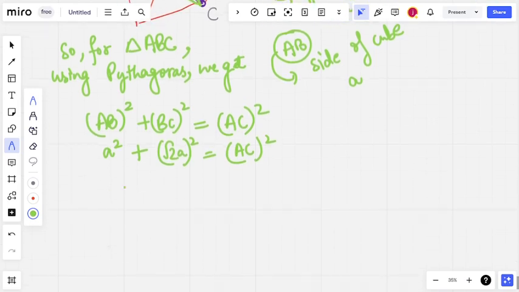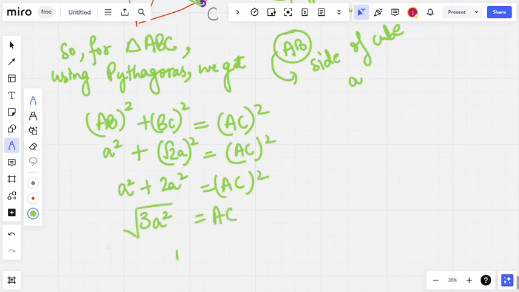So this comes out to be A square plus 2A square is equal to AC square. 3A square under the root is equal to AC. So AC is equal to under root 3 A. So this is the value of the body diagonal.